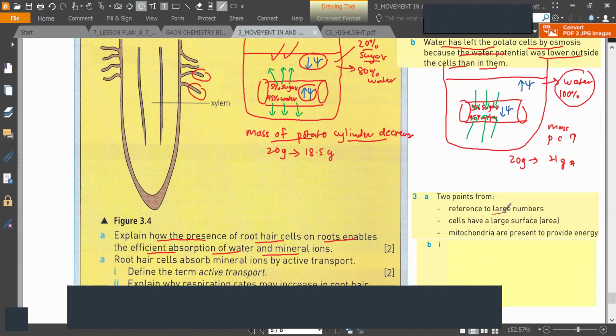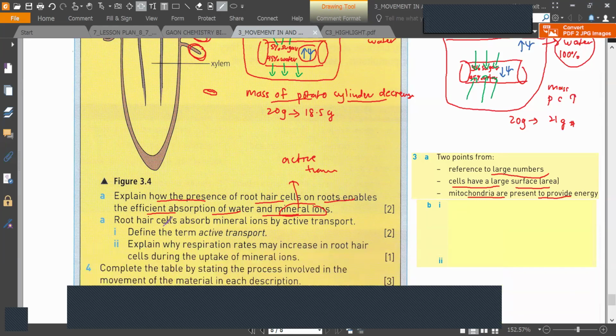We can say that we have large numbers, many root hair cells on these plants. These cells have large surface area because they have this extension, this protrusion. And they have mitochondria to provide energy for this absorption of mineral ions, because sometimes they need active transport to absorb these mineral ions.